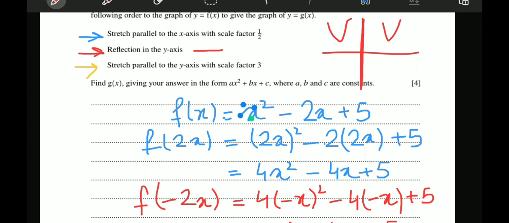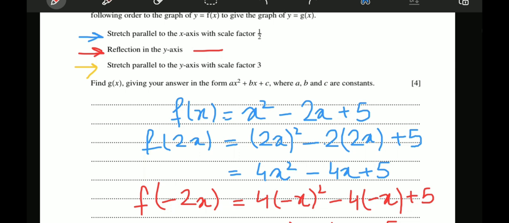When it is a reflection in y-axis, you will be multiplying it inside with a minus. So let's do this: 4 into minus x square minus 4 times into minus x plus 5. We'll substitute everywhere where there was x with minus x.